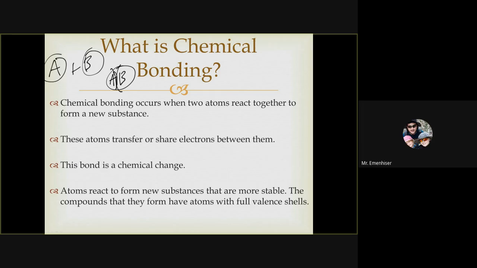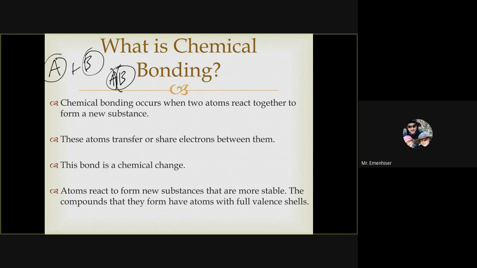So what happens in a chemical bond is these atoms are going to transfer or share electrons. One of the two. Electrons will be transferred from one atom to the other, or they will share electrons between them, donating their own electrons to share so that those electrons are shared between those two atoms in order to maintain a bond and to make the atoms more stable.